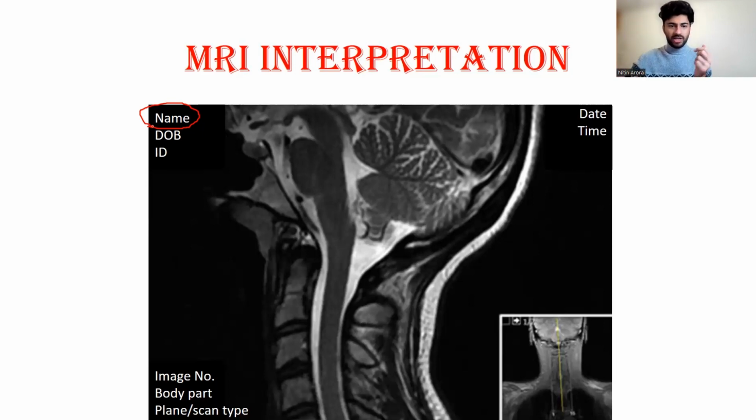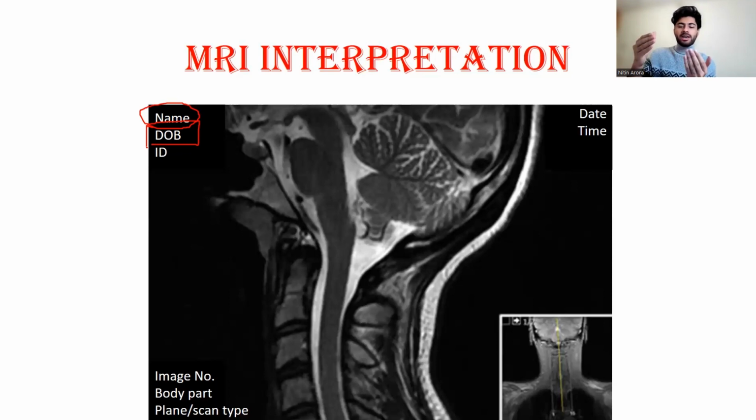So always read the name first, then the date of birth of the person. If you want to know the importance of date of birth, you can watch the video linked up there in patient assessment, because date of birth is so important. There are many problems that occur at a particular age, so if you know the date of birth, you know the age and have an idea that this might be the case.